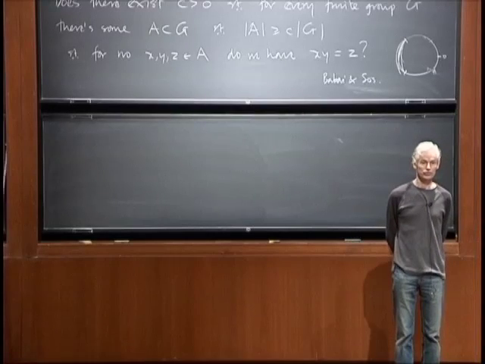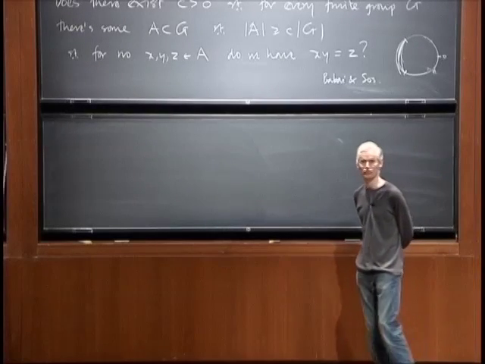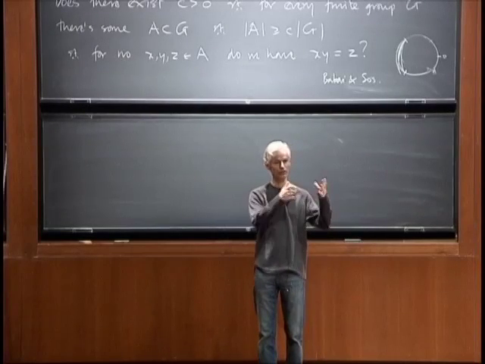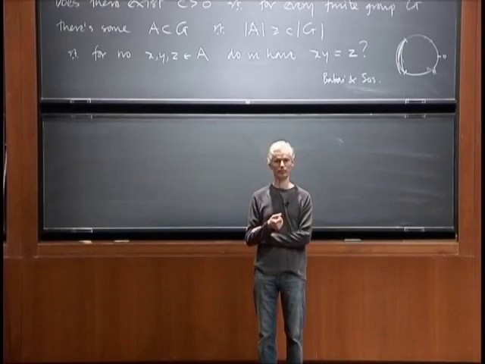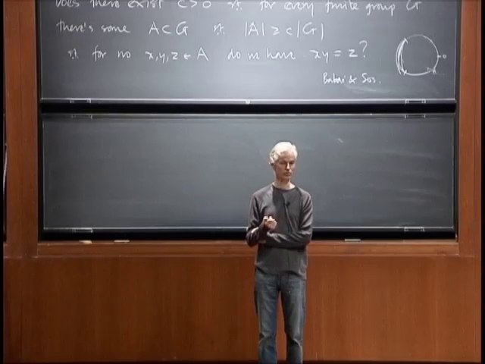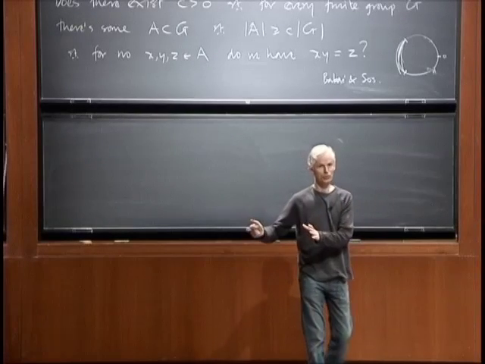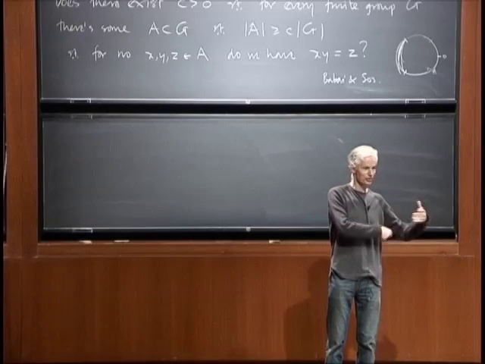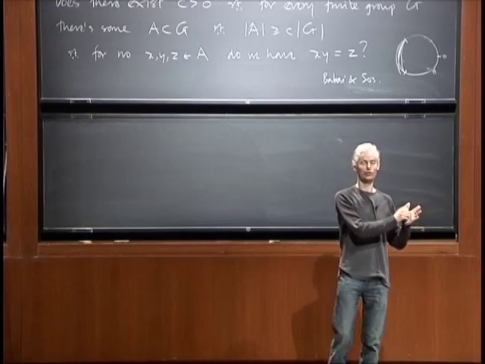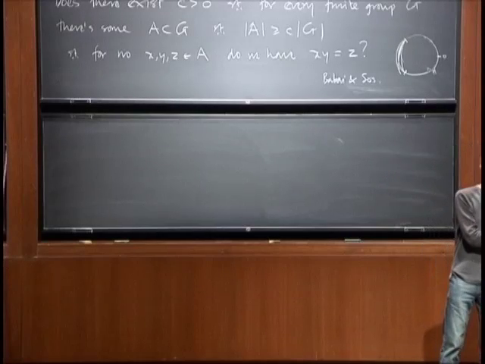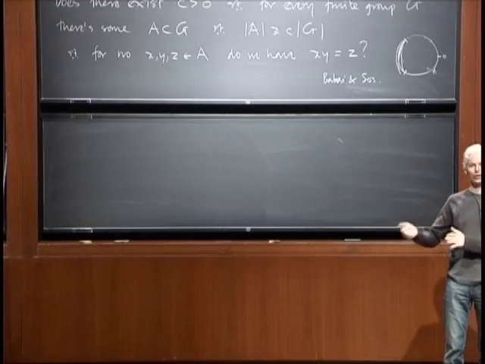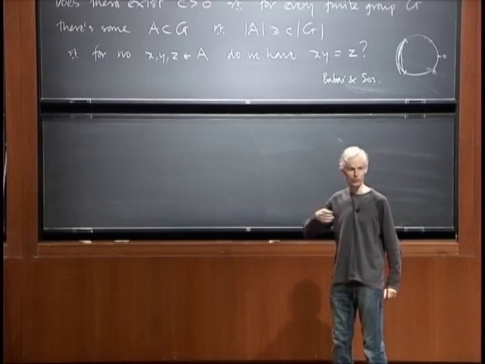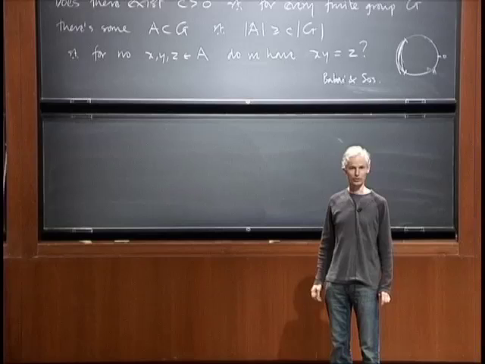Supposing in the quotient of G over H, you can find some large product-free set, then you just take those cosets in G, and they form a large product-free set in G. So a large product-free set in G over H implies a large product-free set in G. Conversely, contrapositively, if you have no large product-free set in G, then you have no large product-free set in G over H. So you might as well just keep quotienting by normal subgroups until you end up with something simple.